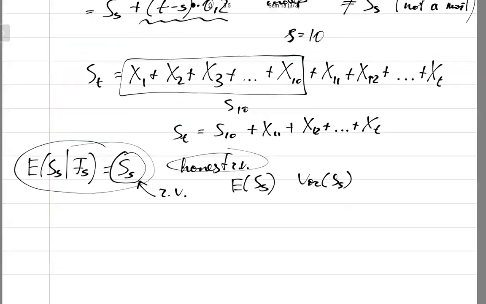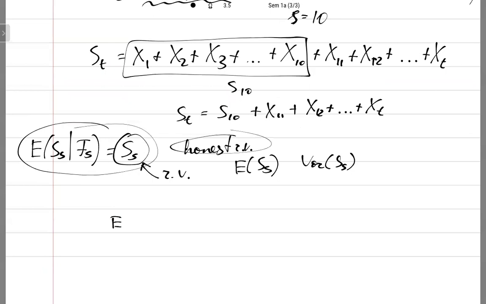Once again, ordinary unconditional expected value is a constant. Conditional expected value of a random variable given some sigma algebra is a random variable in general.